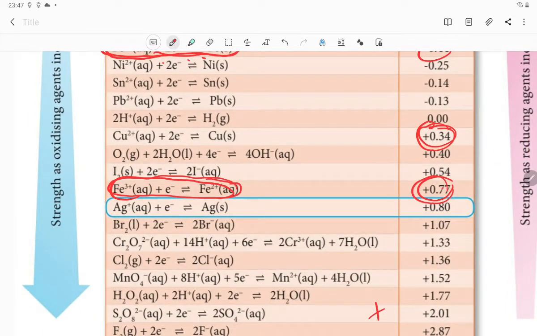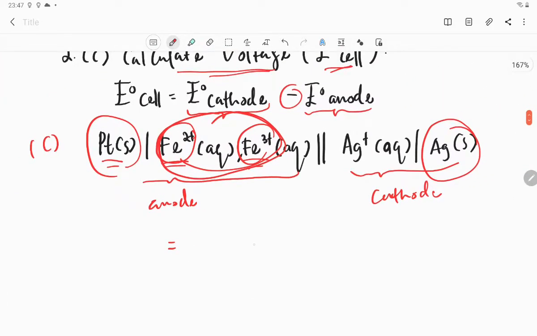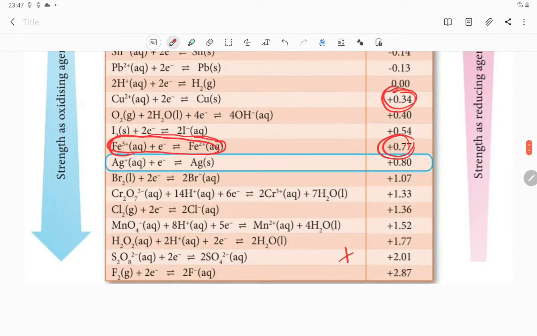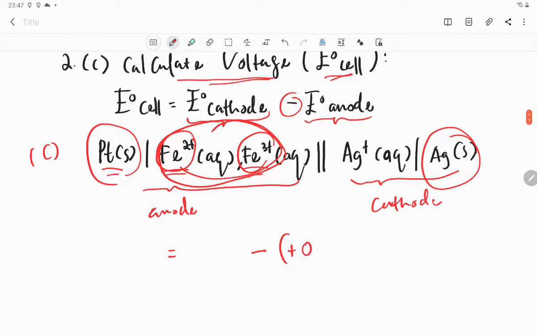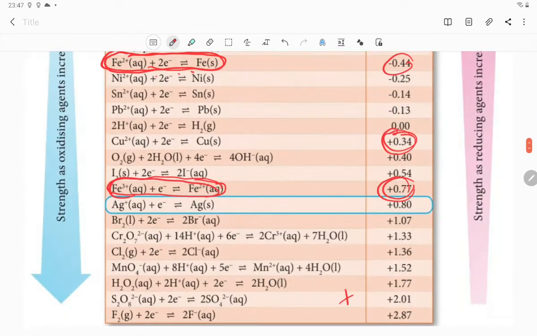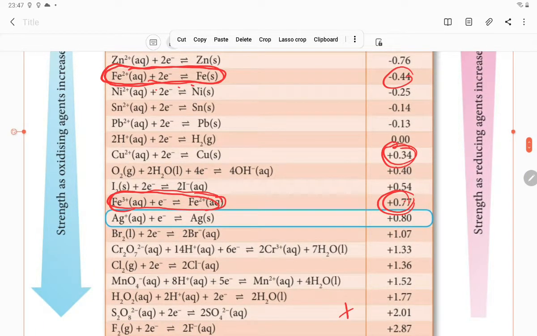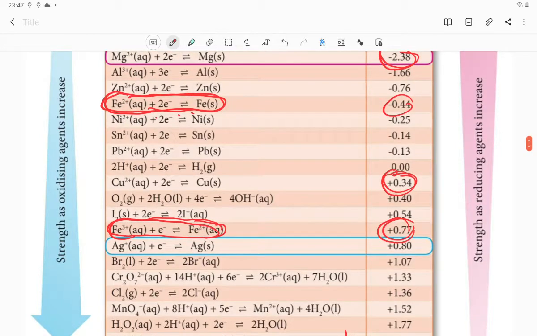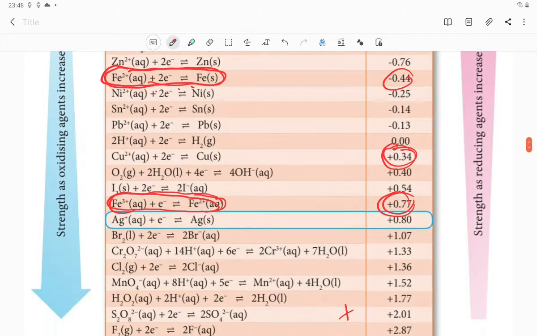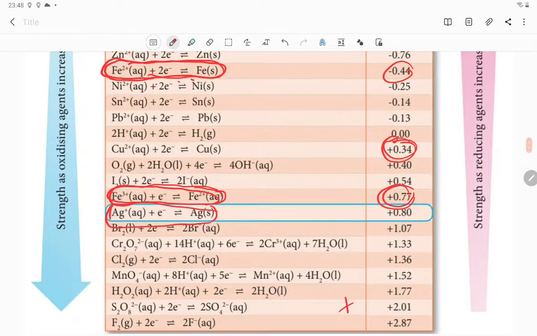So we take this E° value, plus 0.77, and then we have the other half cell that uses silver. The E° of silver is over here, just below the other half cell.